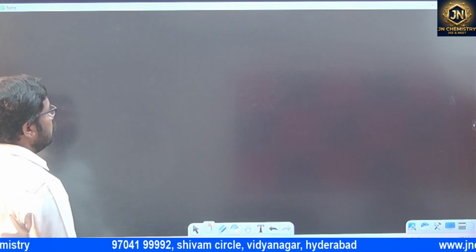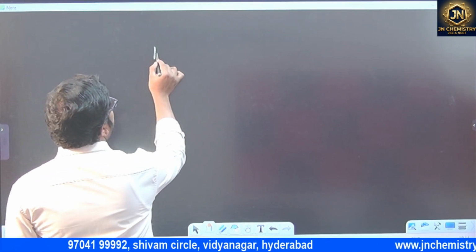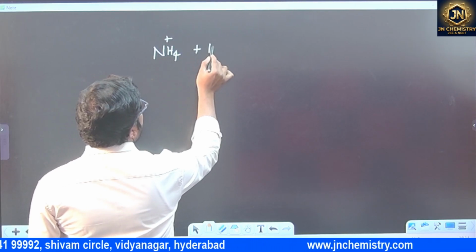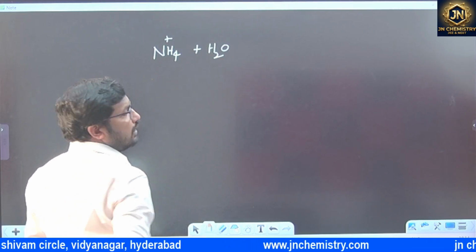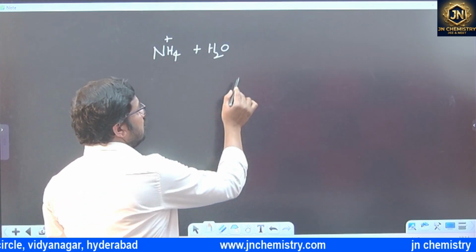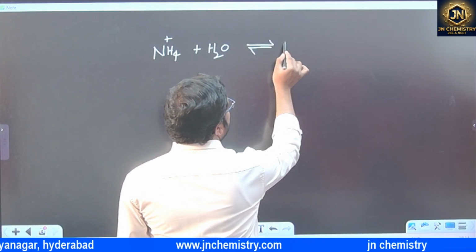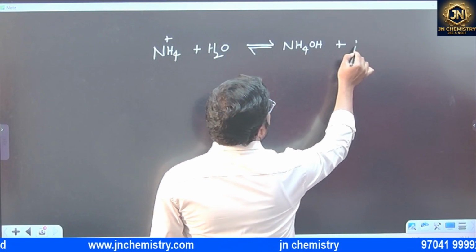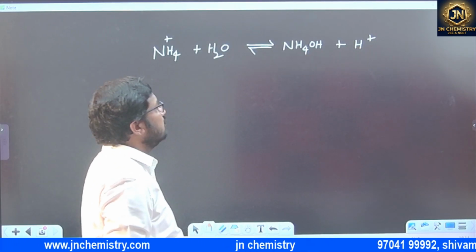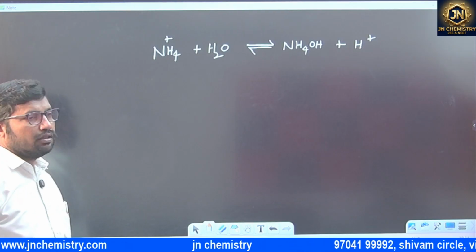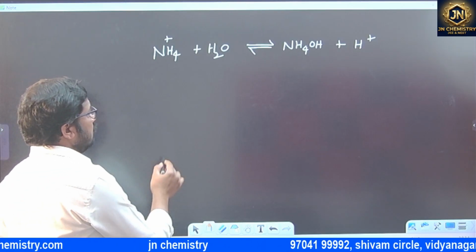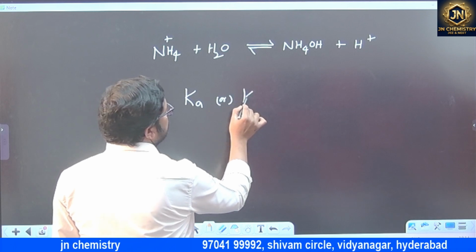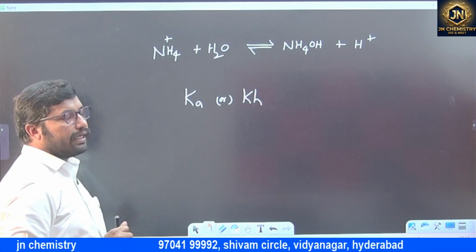Next one, case 2, for cations I told you. NH4 plus, we are doing the hydrolysis. What will we get? NH4OH plus H plus. So in this case we can write Ka or KH, the hydrolysis constant.